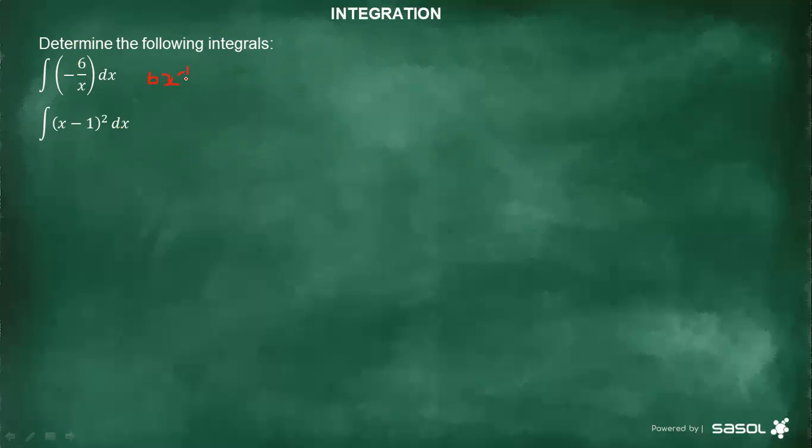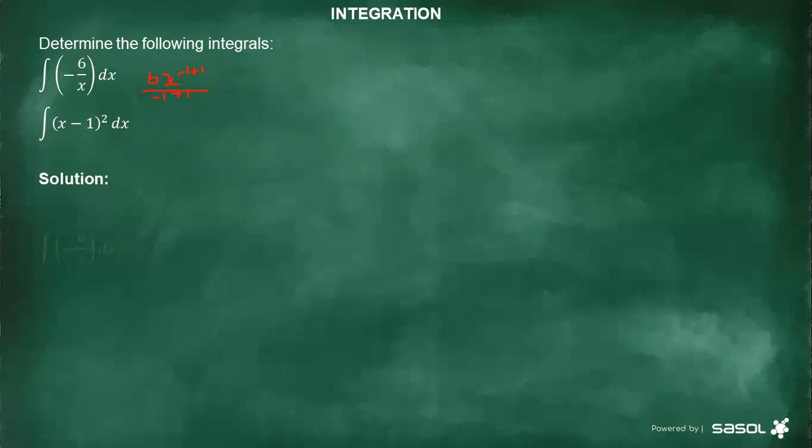Even if you apply the rules of integration, you add 1 and you must also divide by -1 plus 1. So you can see the denominator is going to be 0, and anything divided by 0 is undefined. So it's not going to work. Hence, as I'm saying, if x is the denominator and the exponent of that x is 1, then you're going to introduce ln.